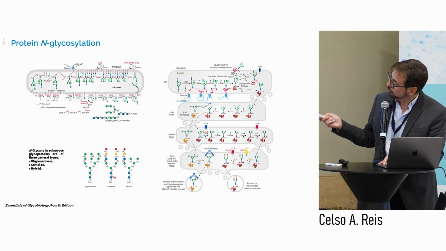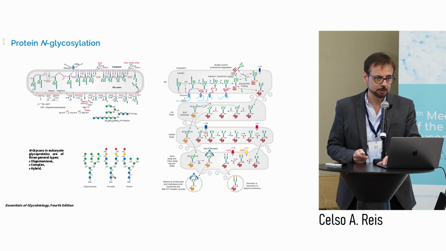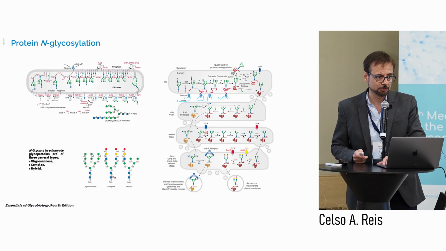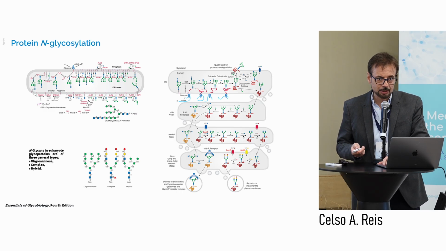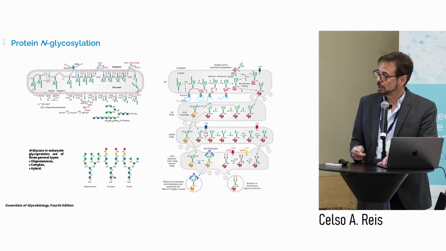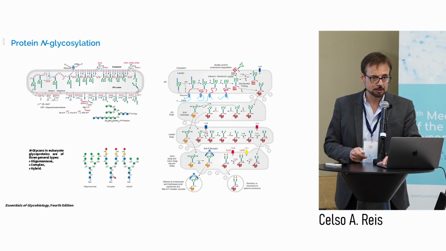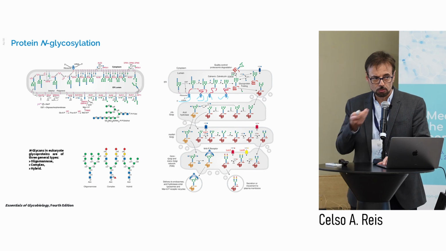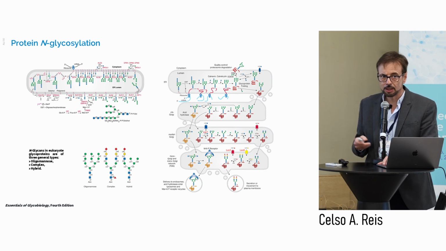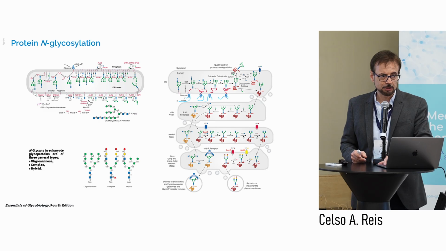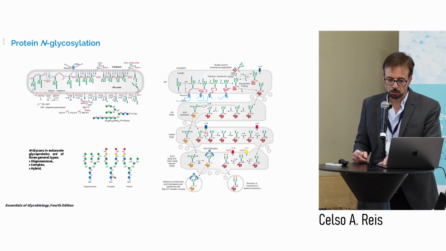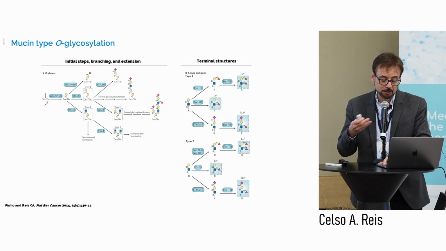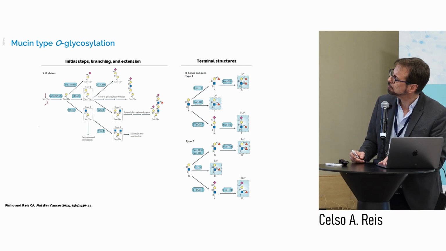Then in the later steps, you have families of glycosyl transferases, like sialyl transferases and fucosyl transferases. It was nice to see data showing that when you change one, others in these families could compensate or interfere with the glycosylation.